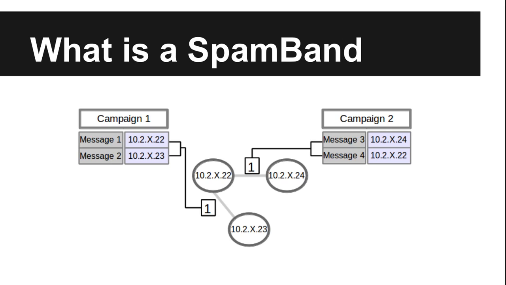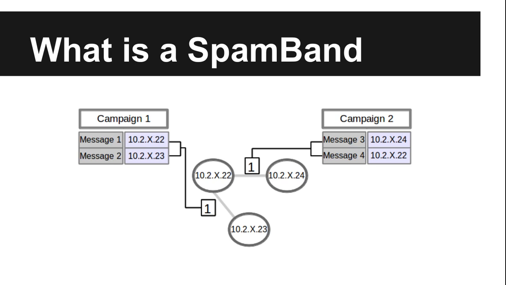We have the machines as nodes and the edges if two IPs participate in the same campaign. For example, in the picture we have the IP final 22 having messages in campaign 1 where IP final 23 has too. So they have an edge between them.